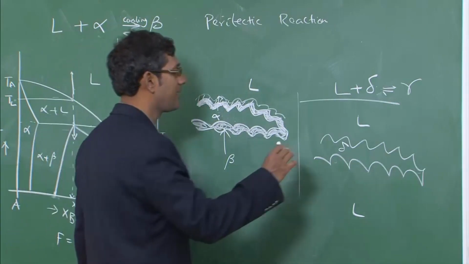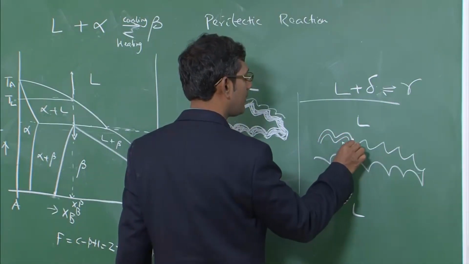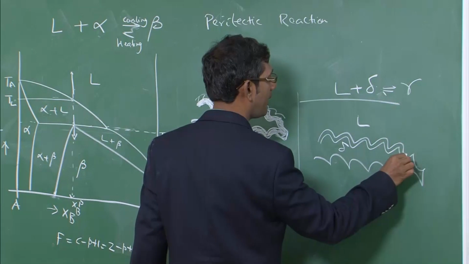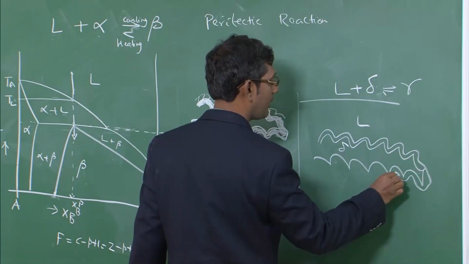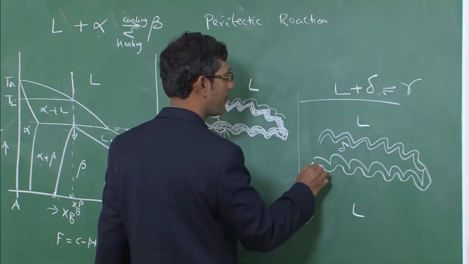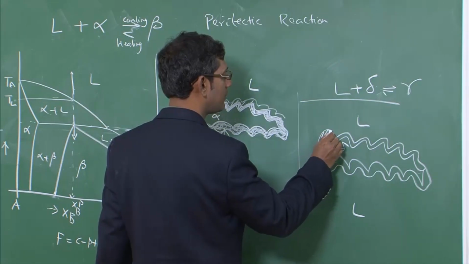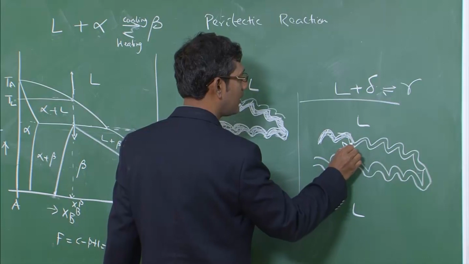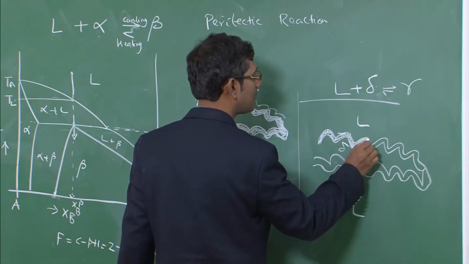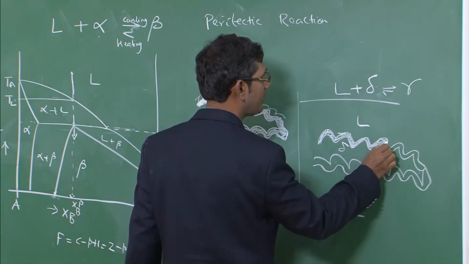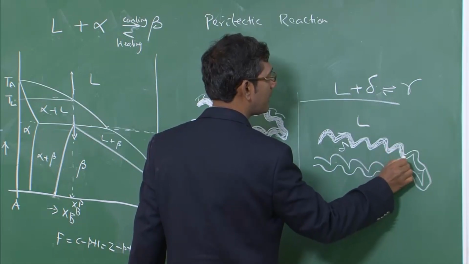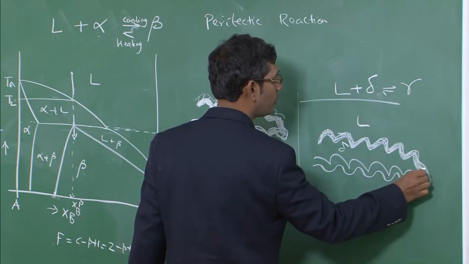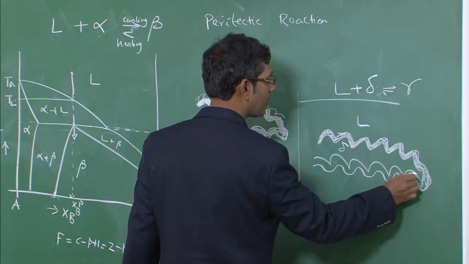As the reaction happens, you can see here that gamma will form like a layer around delta. This is gamma, and as time goes, the gamma layer will increase one by one, but it cannot consume the full delta.